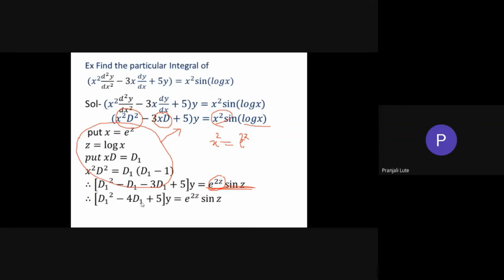Then we find the particular integral. The particular integral is 1 upon (D1 square - 4 D1 + 5) sin z times e to the power 2z. This is case number 4.